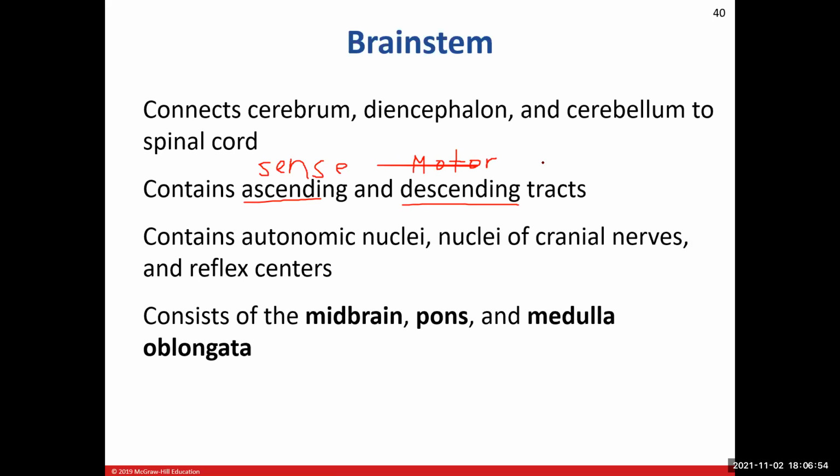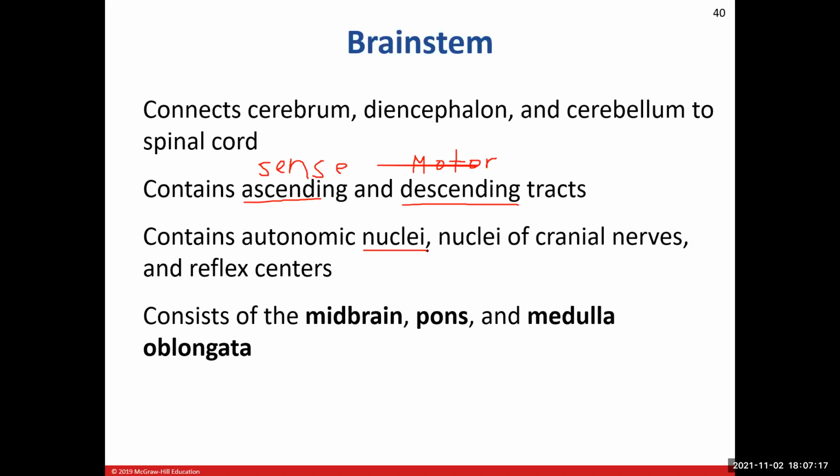In the brainstem also, we're going to see structures that we call autonomic nuclei. In case you forgot what a nuclei is, aside from the fact that it is the control center in the cells, a nuclei, when we're talking about neuroanatomy, is a cluster of cell bodies in the central nervous system.